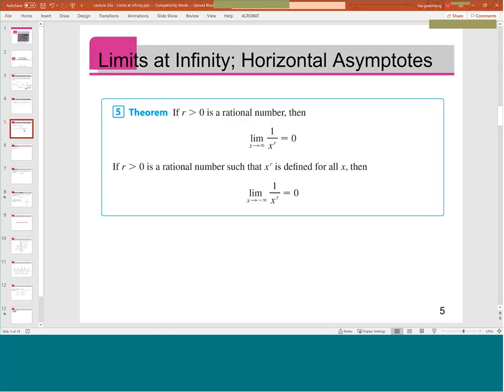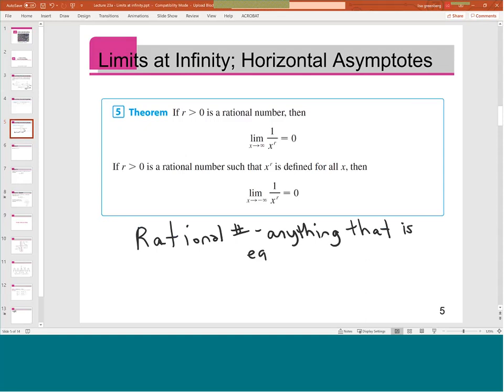No, that would be an integer. So a rational number is anything that can be turned into a fraction. Anything that is equal to a fraction.